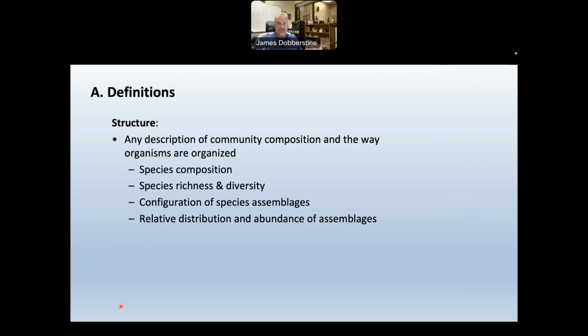Because we talked a little bit about evenness, community evenness, and the relative proportion of abundance in those different communities can speak to function to some extent, as one example. And then, like I said, the relative distribution and abundance of those assemblages.